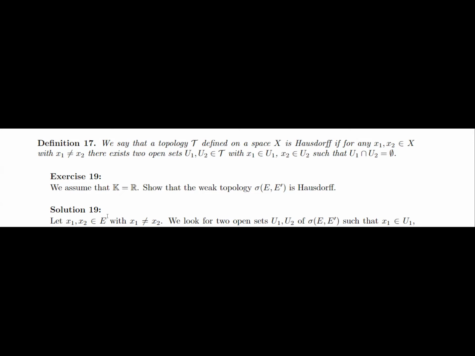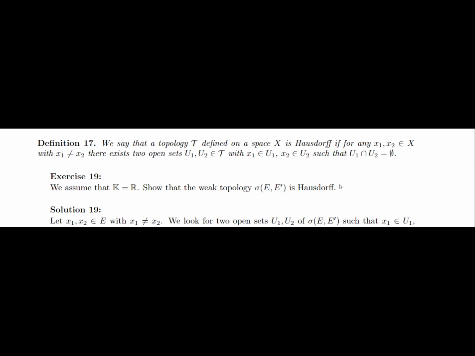E is a Banach space for the usual norm, but here we don't look at open sets for the usual norm, but open sets for the weak topology, as defined above, such that x1 is in U1, x2 is in U2, and the intersection of U1 and U2 is the empty set.